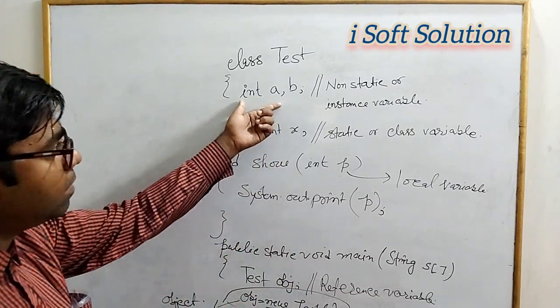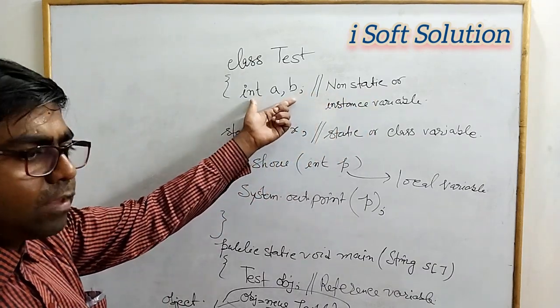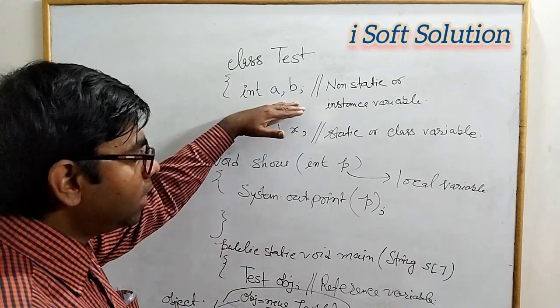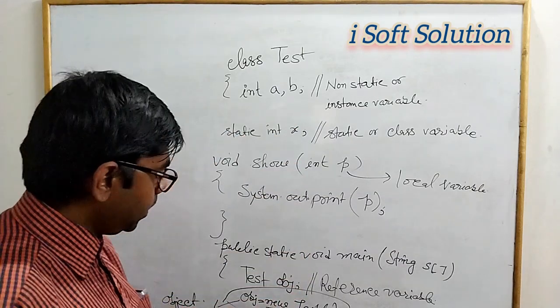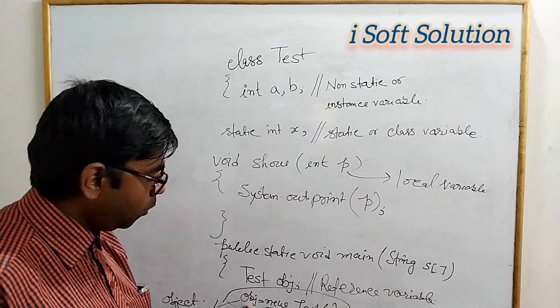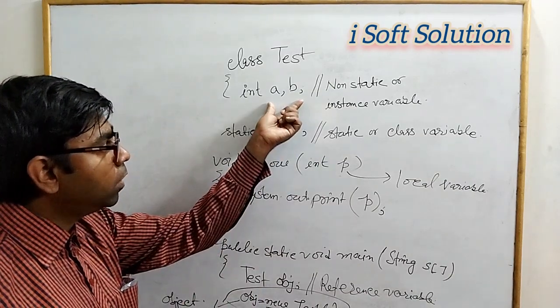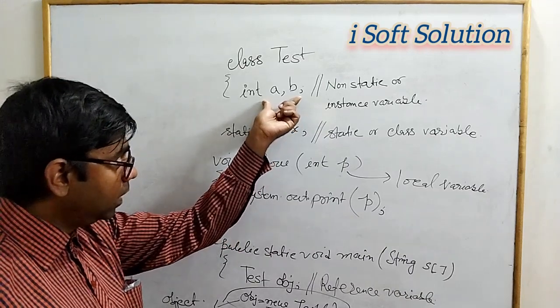So first a and b are the non-static or instance variables. Non-static means this variable is not associated with any static keyword, and these variables are actually responsible for the object's memory. That means if I allocate some memory for the object obj, it allocates memory space depending on the number of variables as well as the combinations of the size of these variables.